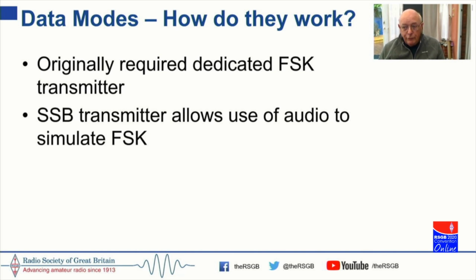And they became generally available, and nowadays pretty much everyone who's on the air with amateur radio has an SSB transmitter available to them. And using an SSB transmitter, you can simulate frequency shift keying using just audio tones, which is brilliant. So how does it work?